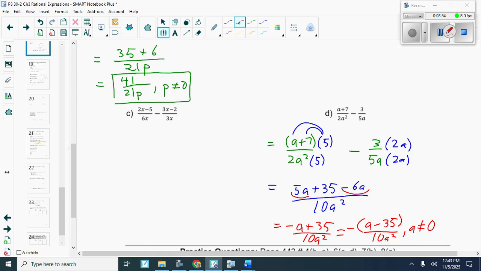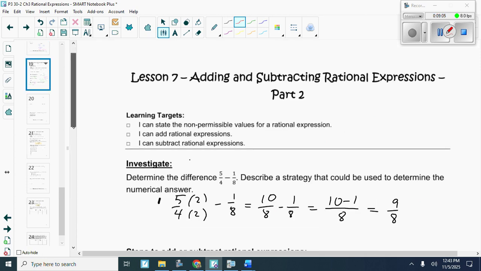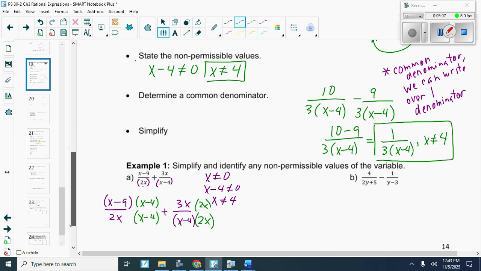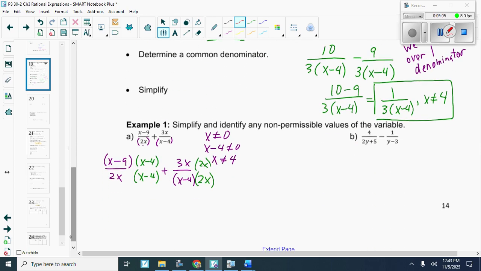So this part here, where we are distributing the number through, we're going to be doing the same thing for today's question, except now, do you remember FOIL from grade 10? First, outside, inside, last. That's what we're going to be doing here.